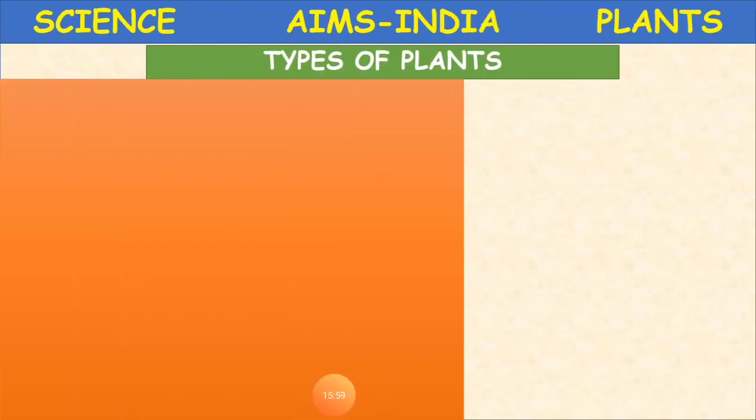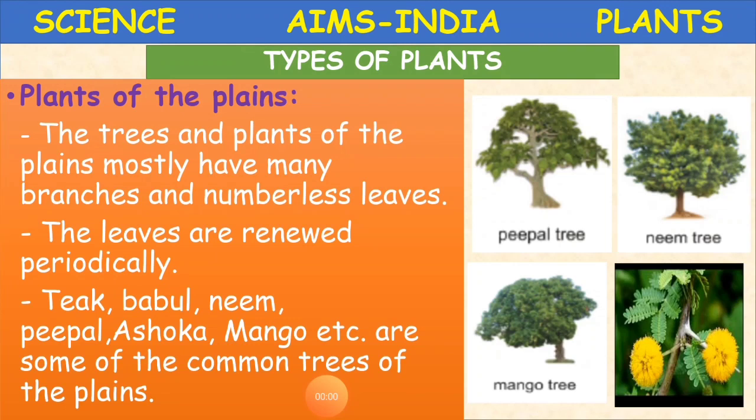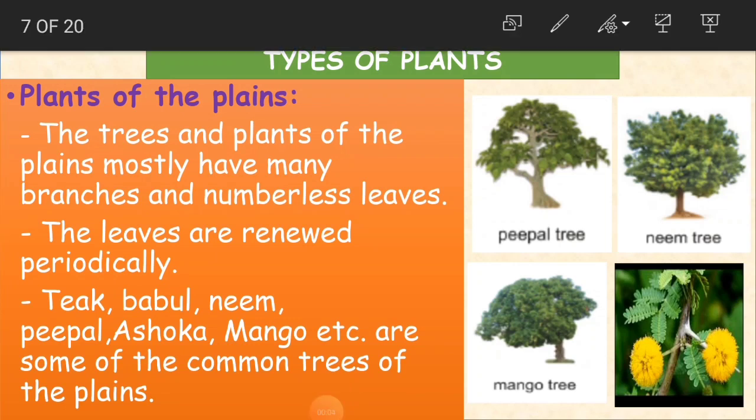So again, the other type of plants. Children, what are plains? Plains are flat surface land areas, where we can see rivers or mountains, or wherever you have a flat surface land area, you call it plains.